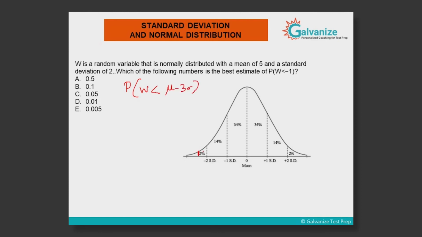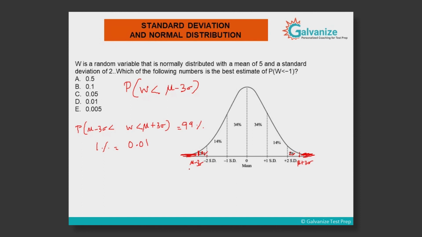As I told you, I have to put a block here. This is your mu minus 3 sigma. P of mu minus 3 sigma less than W less than mu plus 3 sigma is actually 99%, which means the values to the left of mu minus 3 sigma and to the right of mu plus 3 sigma, this shaded region, contribute to only 1%. 1% is nothing but 0.01.